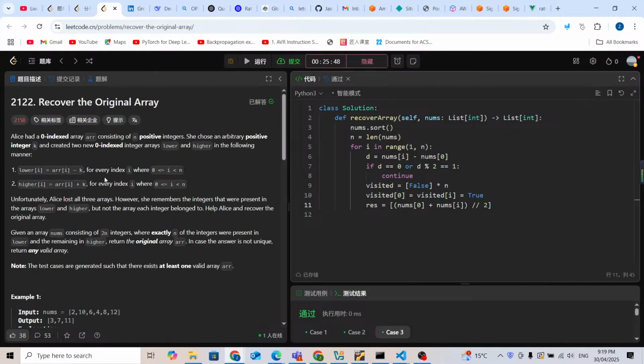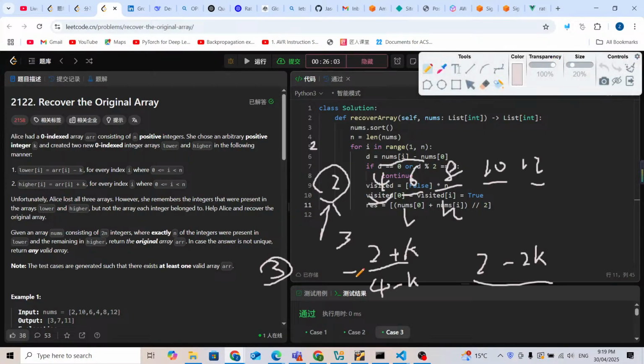Let's just check the formula. It is the array I minus k and the array I plus k. This number plus this number divided by 2 is going to be the original number.